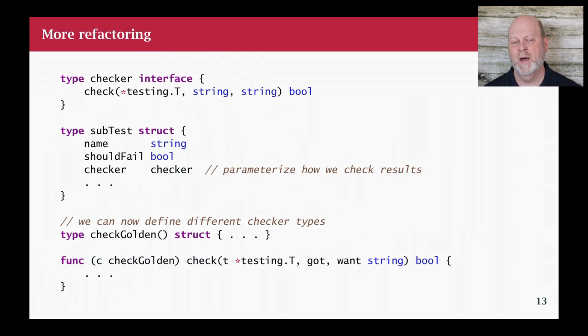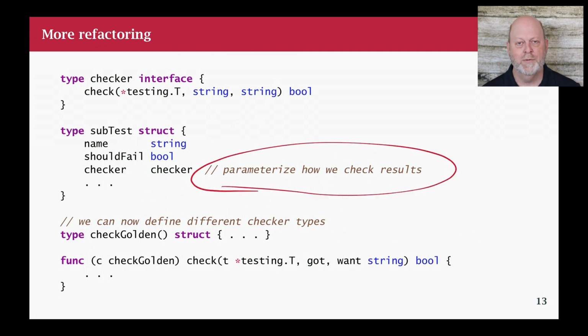There's another thing I can factor out. I haven't done it in this test because I don't need to. But I have some tests where they start getting big enough that there's a question of, well, how do you decide what a good result is? You know, I've got the values I'm looking for, but how do you check the values? And what I've done in this case is I've created a checker interface, and it takes types appropriate for whatever I'm doing, like in this case 2 strings, right?